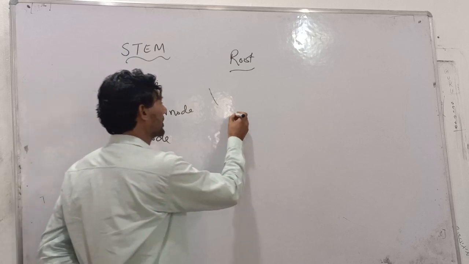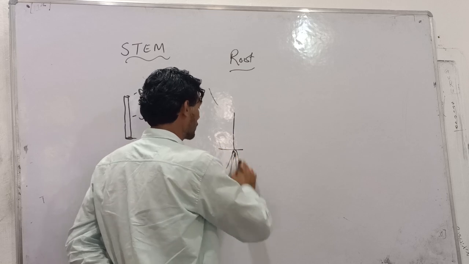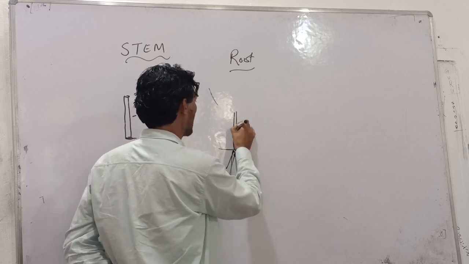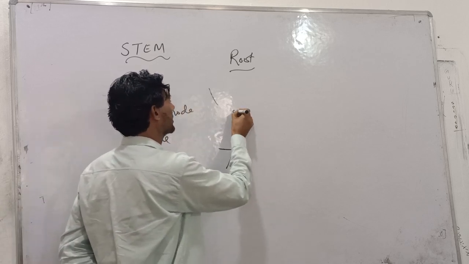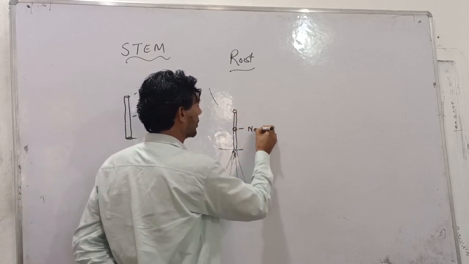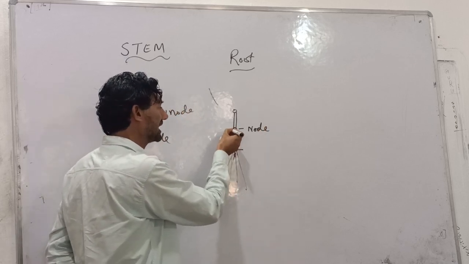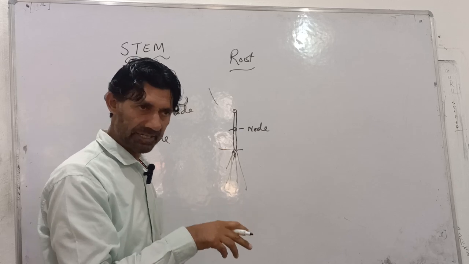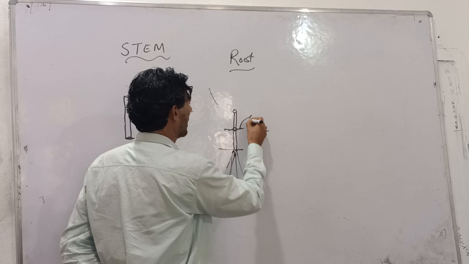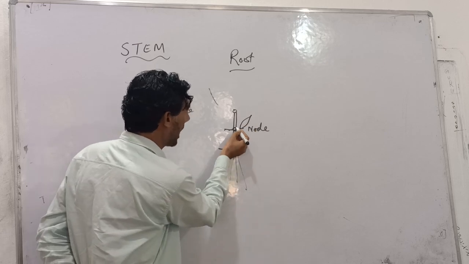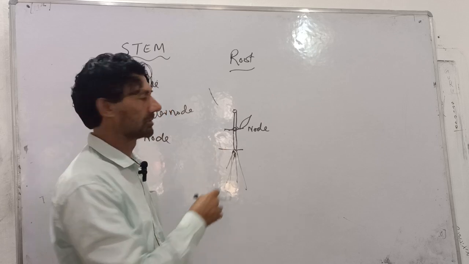So now the stem has two parts: one is called node, and between two nodes it is called internode. Usually at the node the leaf is attached.